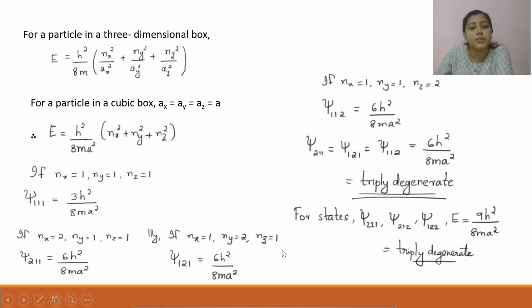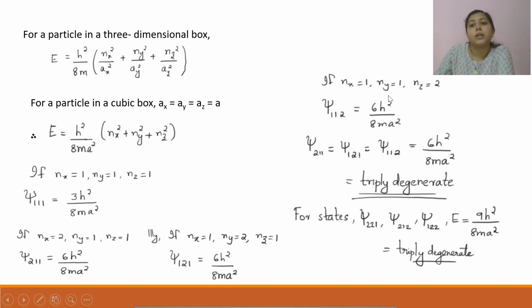The wave function is represented as psi 1, 2, 1. Now find out the energy: E equals h square by 8ma square into 1 square plus 2 square plus 1 square. Again you will get the value 6h square by 8ma square. So these are two different wave functions, psi 211 and psi 121, but you are getting the same value of energy.